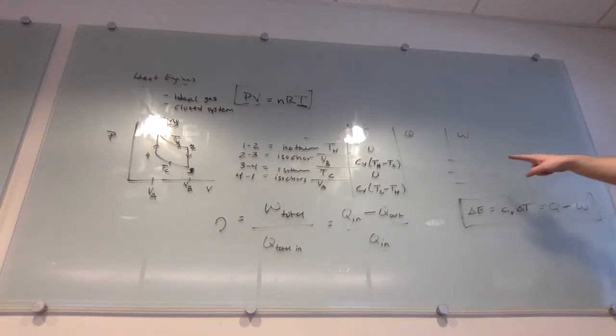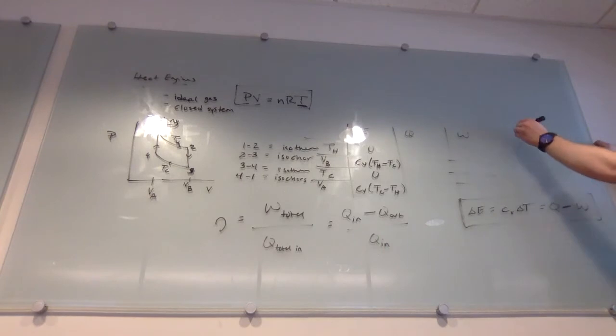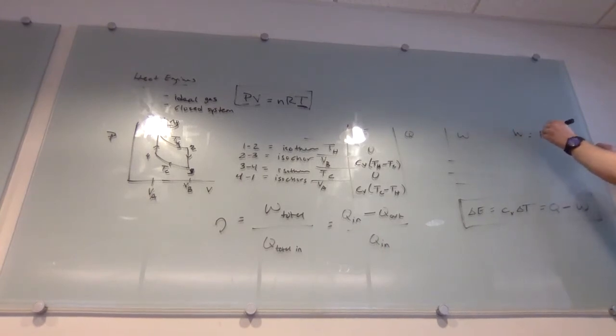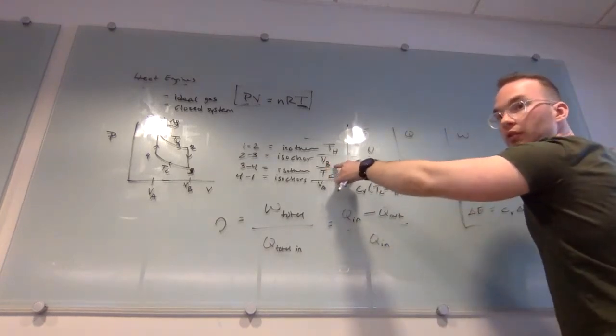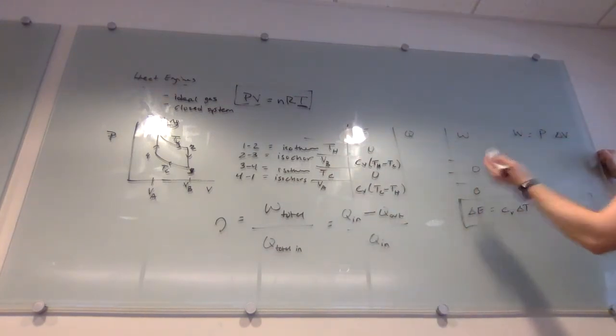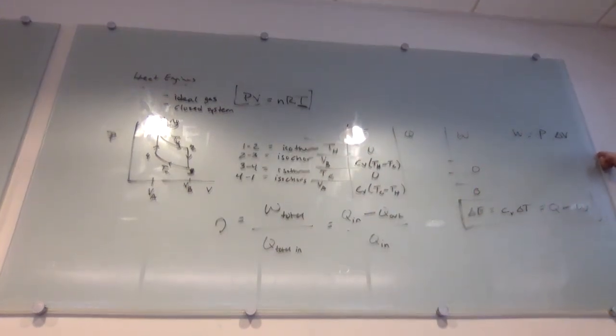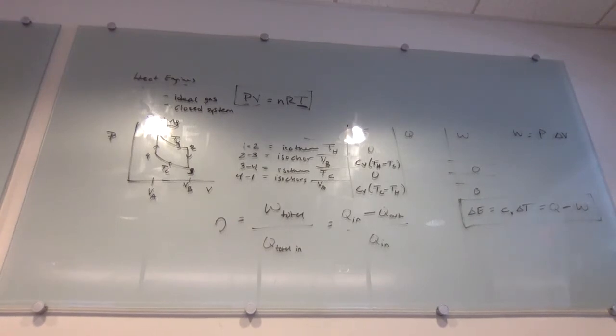Okay, so work here is going to be the integral of P dV, but it's like P delta V. What's delta V here? 0, right? It's an isochore. The V is constant. So the work done is 0. And you don't want to get too lost in the variables.